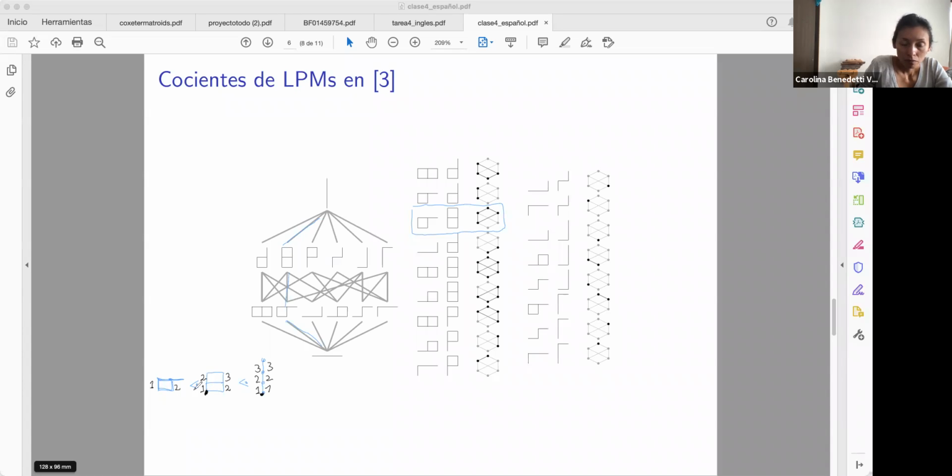I will call this M1, this M2, and why not call this M3. And for M1, I'm going to write down explicitly what its bases are.